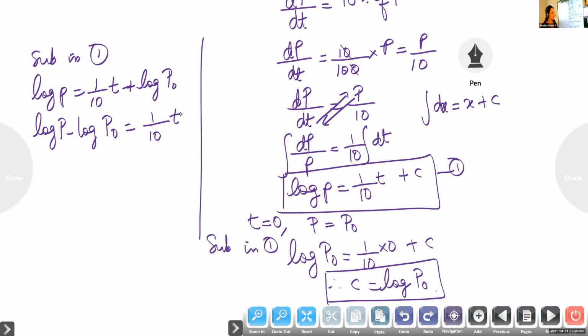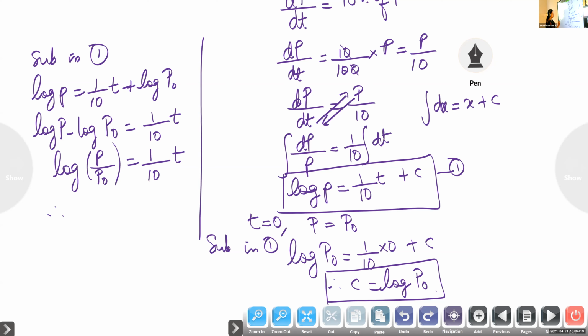What is log A minus log B? Log A by B. So log P minus log P naught we can write as log of P by P naught is equal to 1 by 10T.